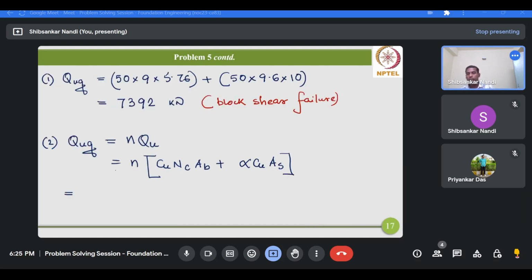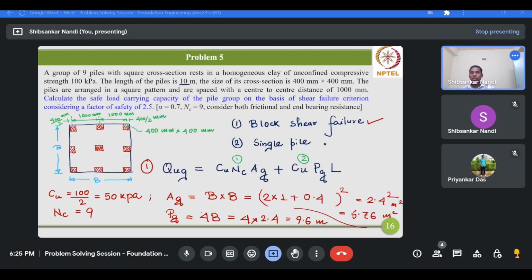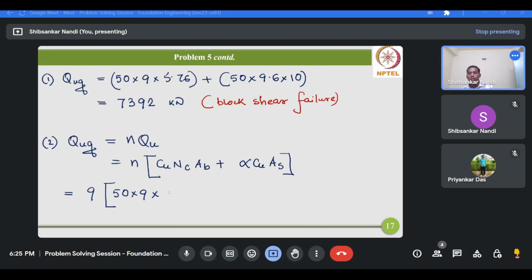It's 9. Cu is 50 kPa. Nc is 9. Now what is the cross-sectional area of an individual pile? This is 400 mm times 400 mm. It's a square cross section, so that means 0.4 squared.